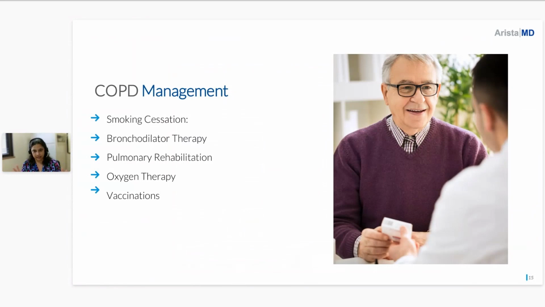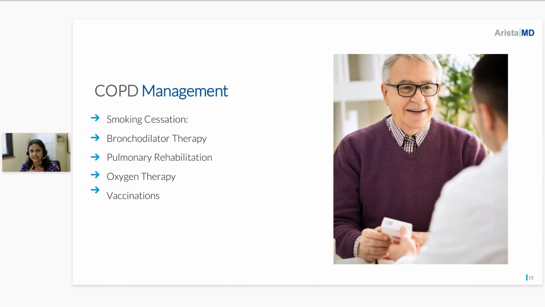This classification for patients with COPD is important when we think about the management of these patients. So across the board, we are recommending smoking cessation counseling for all of the patients. This is obviously a big risk factor for why they developed COPD.